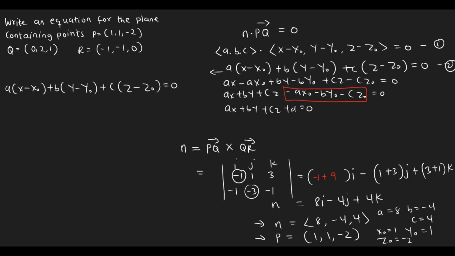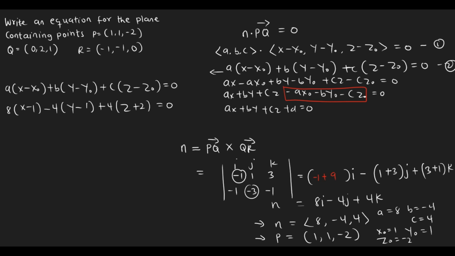So we're going to have 8 multiplying x minus x naught, right? So that will be x minus 1, plus b. And then we know b to be minus 4, so that will be minus 4 multiplying y minus what? y naught, which is 1, and then plus c, which is 4 multiplying z minus what? z naught, which is minus 2. So I'm going to have plus 2 then. So all this should be equal to 0.